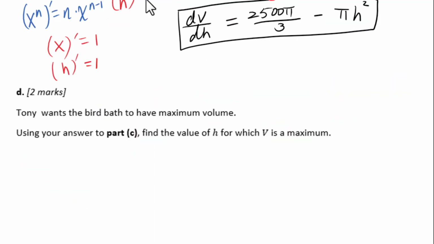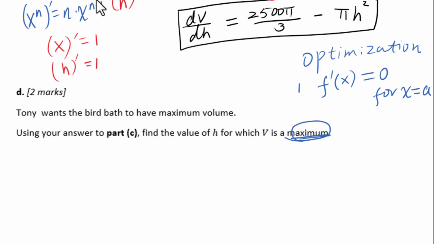Let's go to D. Tony wants the bird bath to have a maximum volume. Use your answer to part C. Find the value of H for which V is a maximum. Maximum or minimum value is about optimization.